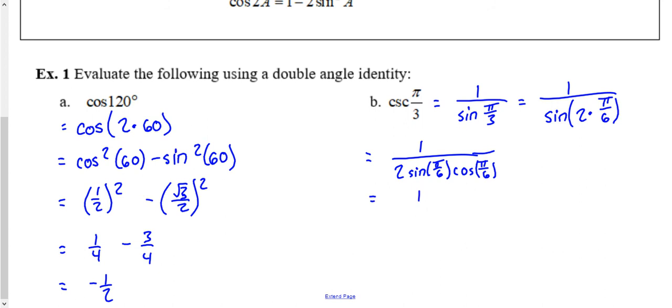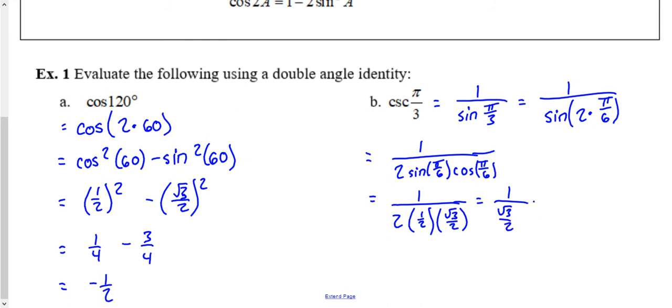We have 1 divided by 2, that's just a number. Sine pi over 6, that's the same thing as saying 1/2. And cos pi over 6 is the same thing as saying root 3 over 2. If you multiply all this in, you're left with just root 3 over 2. So this is now 1 over root 3 over 2.